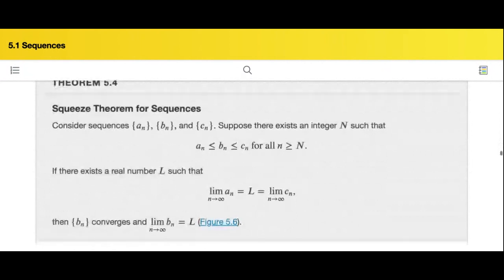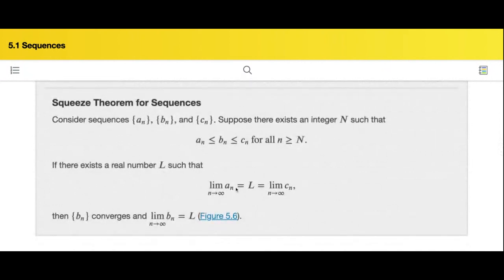Okay, squeeze theorem for sequences. So this is important. Let's see, we have 3 sequences, A, B, C. Suppose there is an integer N such that those 3 are in order: A_n less than or equal to B_n less than or equal to C_n for all n greater than or equal to N. What does this mean?